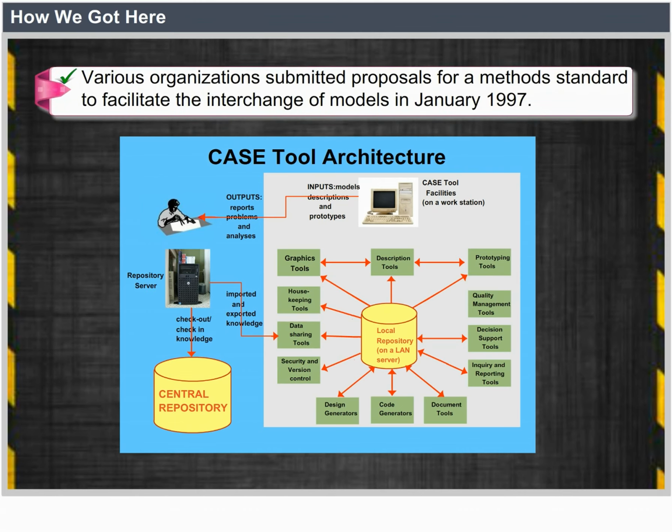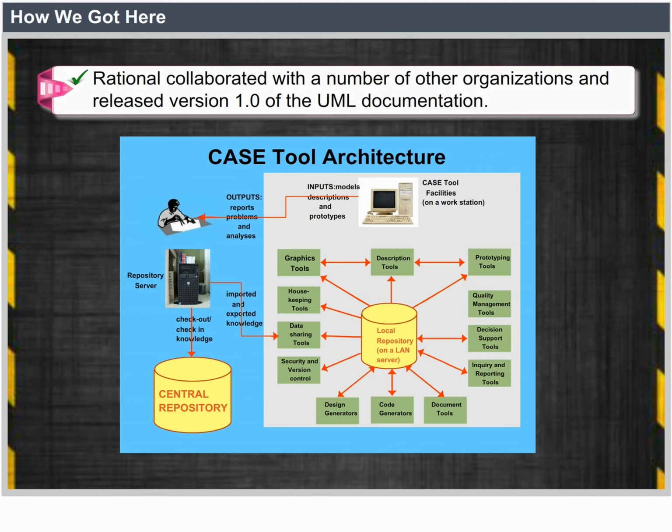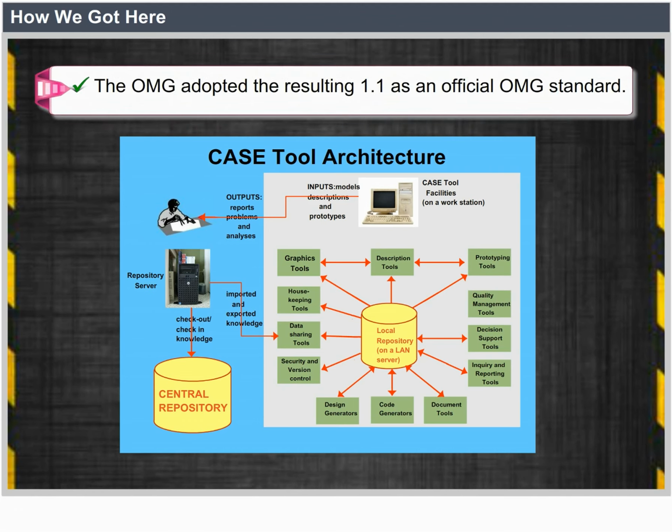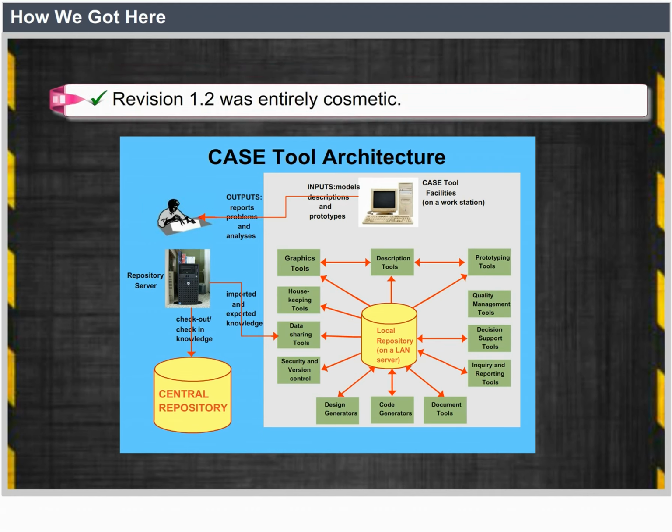Various organizations submitted proposals for a method standard to facilitate the interchange of models in January 1997. Rational collaborated with a number of other organizations and released version 1.0 of the UML documentation. The OMG adopted the resulting 1.1 as an official OMG standard.